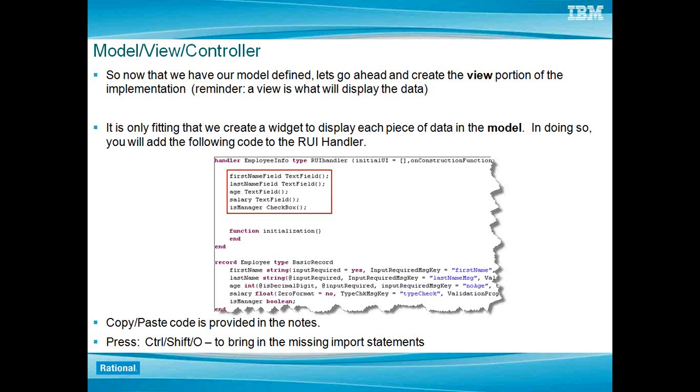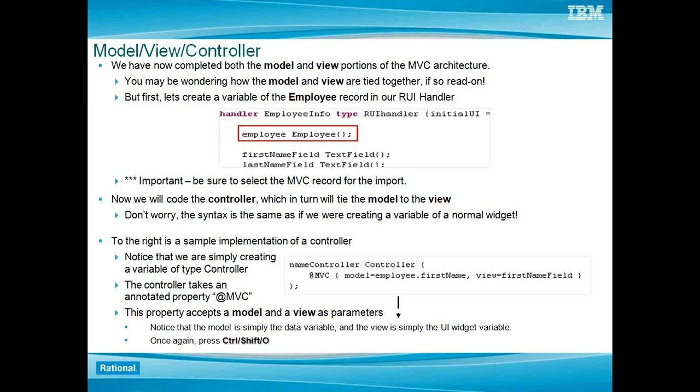So these fields represent our view. The record represents the model. Employee record will hold the data, the value, and now we have created our view and model. Now let's go to create a controller.